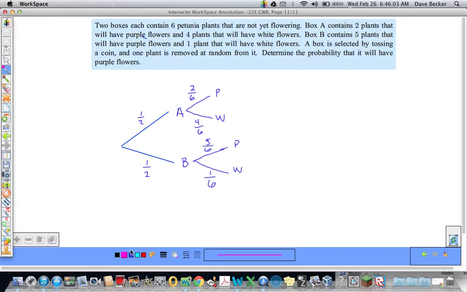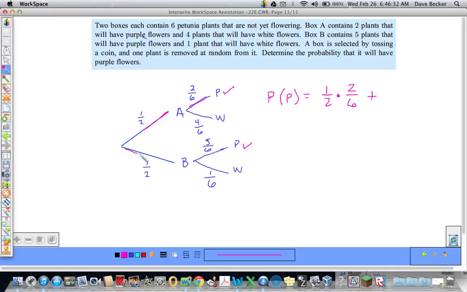All right, so where does the purple occur? We end up with purple here, and we could end up with purple here. So we just follow these paths. I go from box A to get purple, so the probability of purple is going to equal 1/2 multiplied by 2/6, plus, how do I get to purple here?